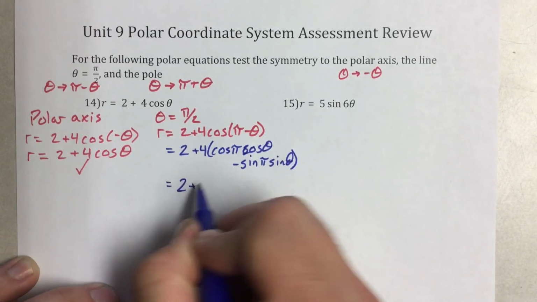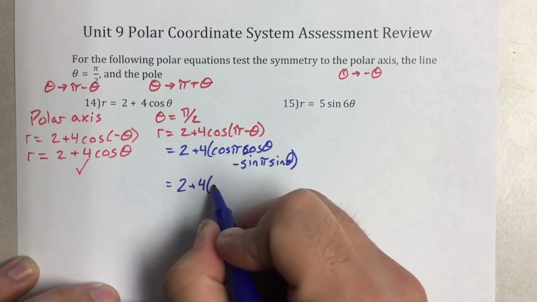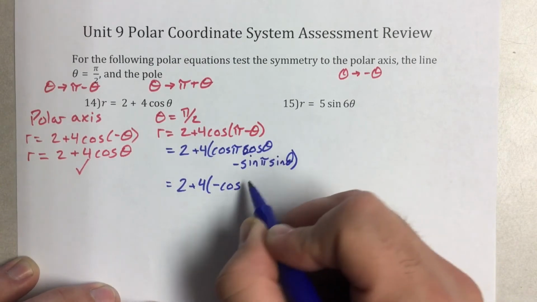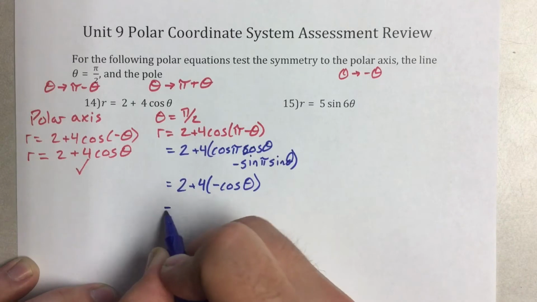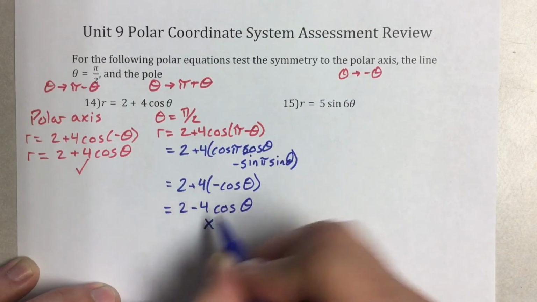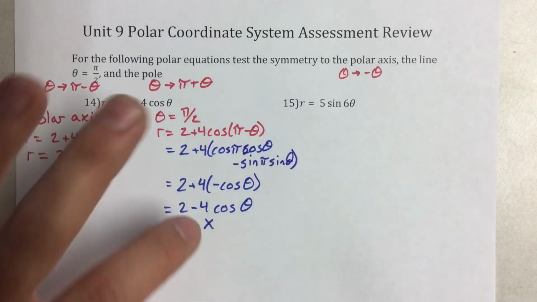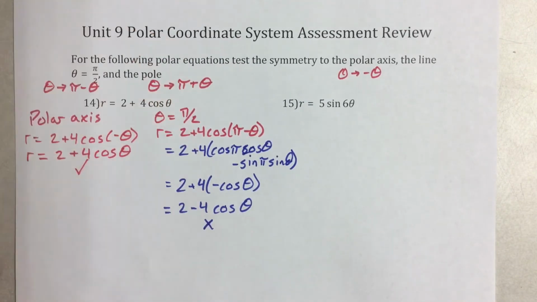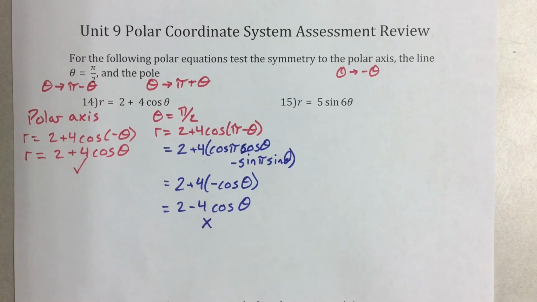So we get 2 plus 4, okay, that's negative 1, so negative cosine, and the second term goes to 0, all right, so we get 2 minus 4 cosine of theta, and that is not the same as the original, so this test is uncertain. Okay, we don't know if it's symmetric to the line pi over 2. It might be, it might not be.